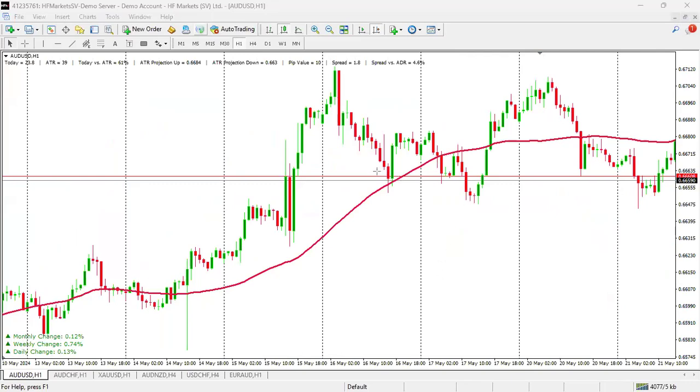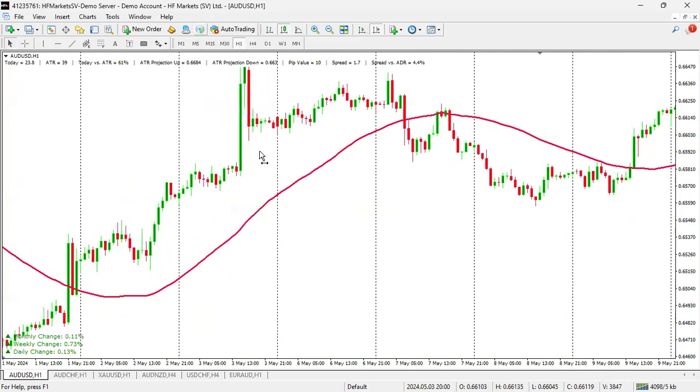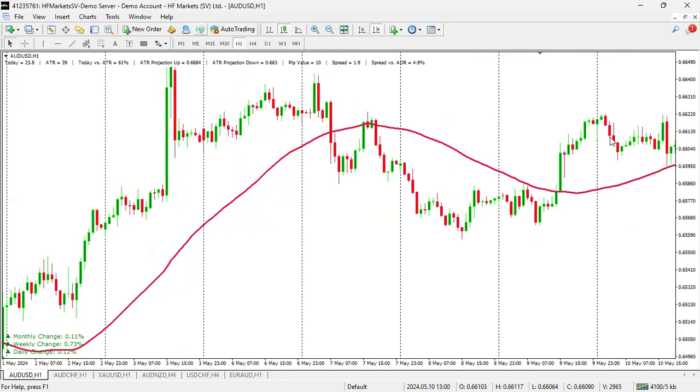You know, offering you levels to which you could still come into the market when prices are trading above the moving average, and even when prices are trading below the moving average. Oh my God, look at this absolute beauty. Price moves below, offers you a retracement back to that level to retest it, and then downsides.